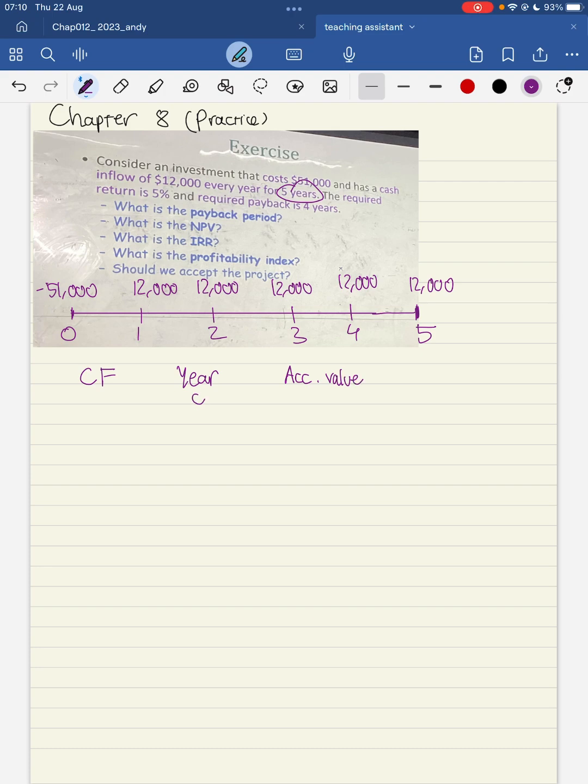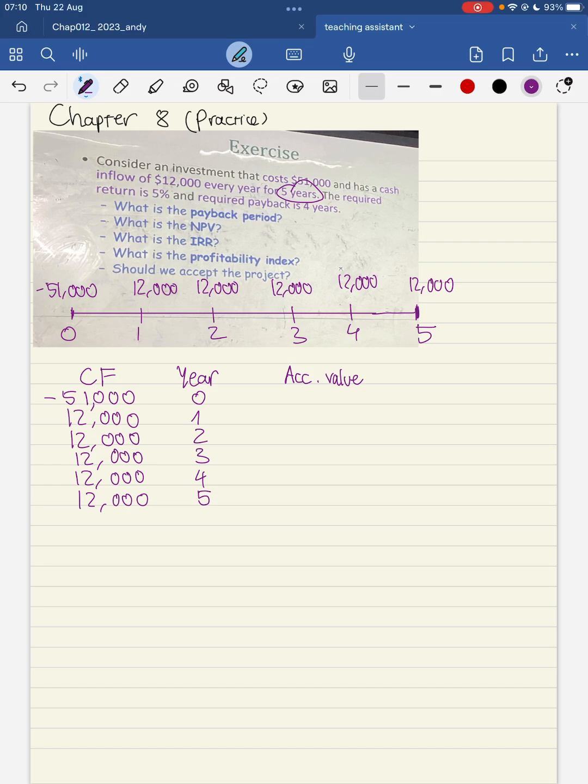In year 0, we have the cash outflow of minus 51,000. In year 1, we have 12,000 cash inflow. Similarly until year 5. Next step, we calculate the accumulated value.